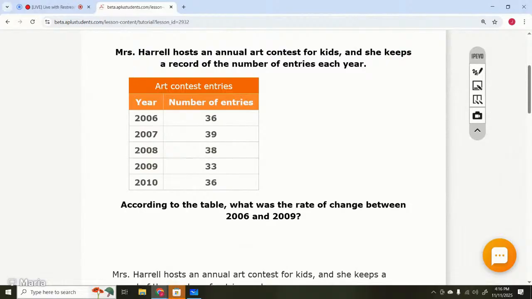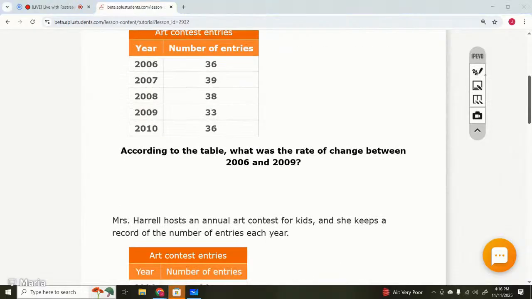According to the table, what was the rate of change between 2006 and 2009?